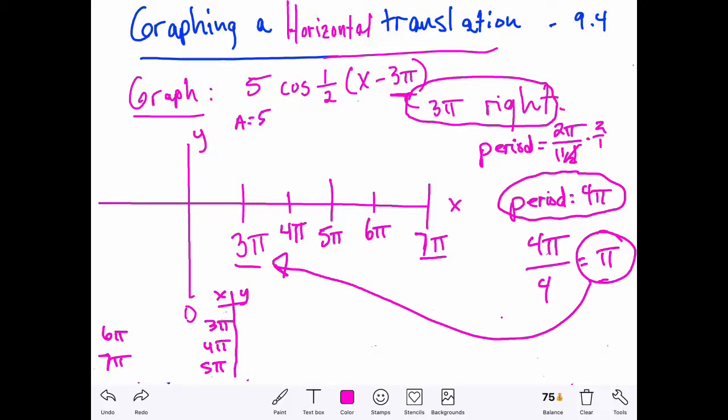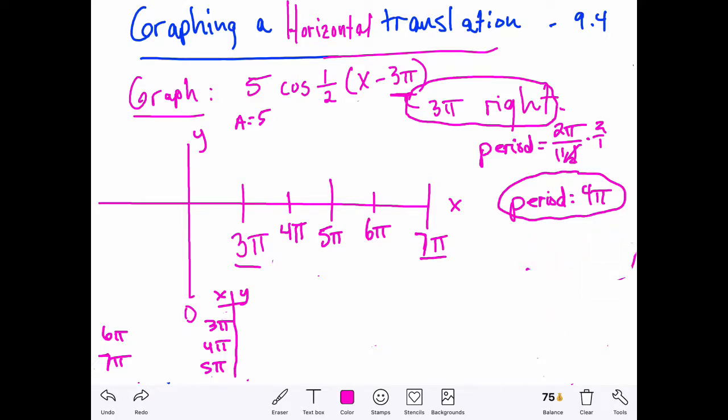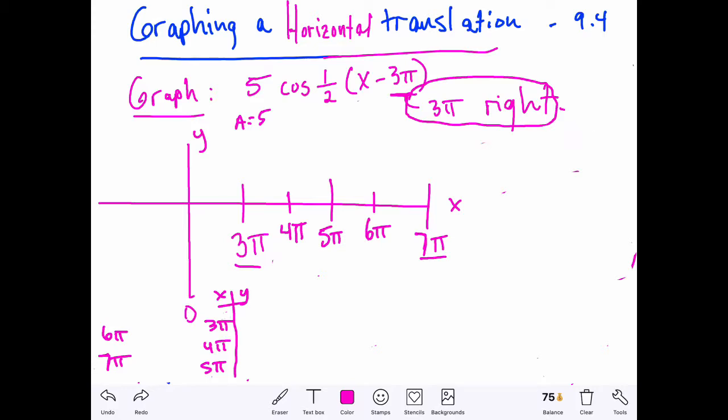All right, let me go ahead and erase. All right, let's evaluate f of 3 pi, our starting point. 5 cosine of a half of 3 pi minus 3 pi.